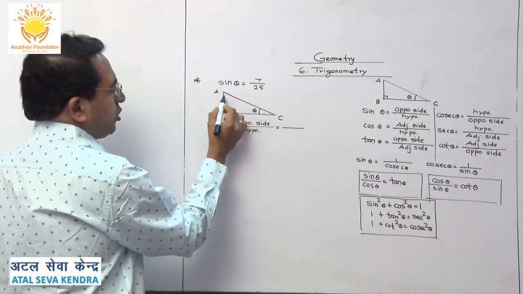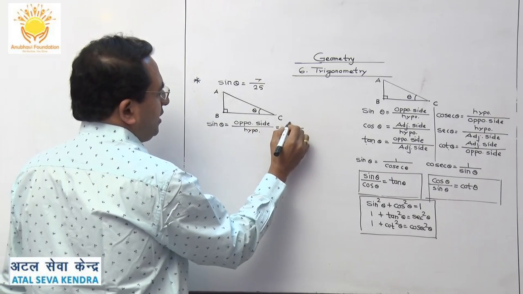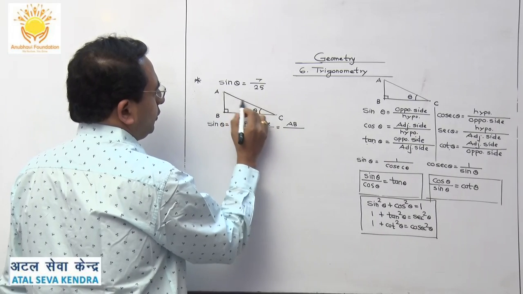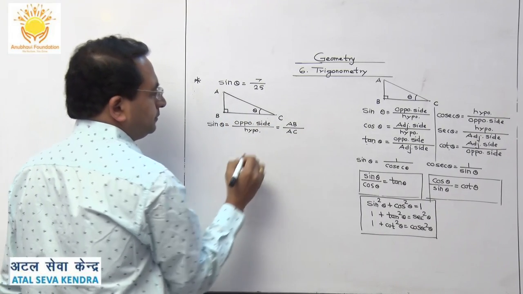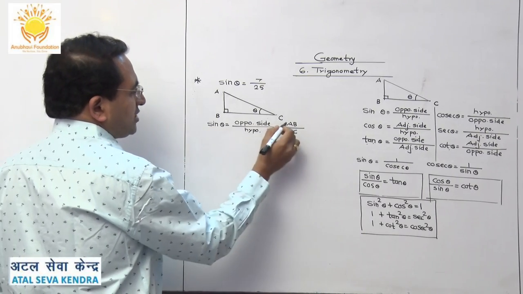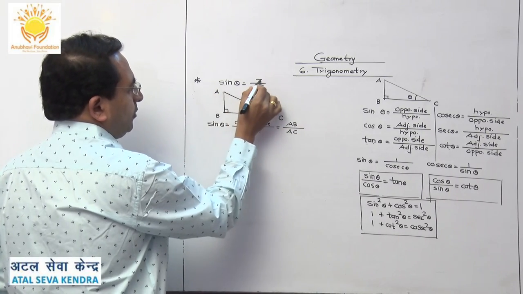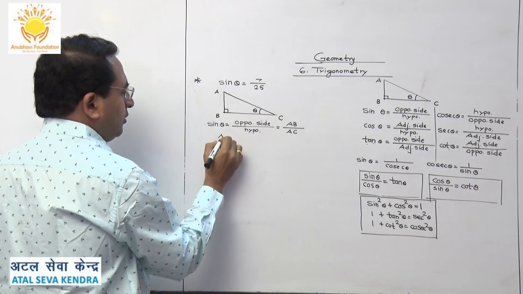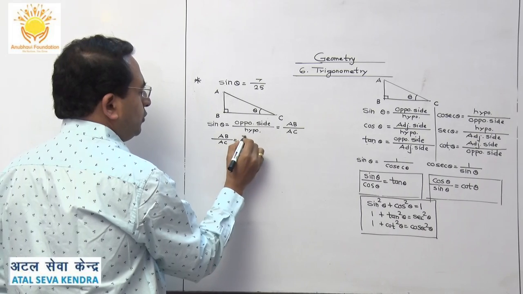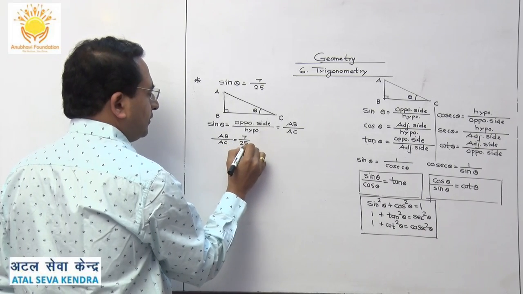Sine theta is opposite side, that is AB, upon hypotenuse, which is nothing but the side opposite to 90 degrees, that is AC. Correct? And therefore, sine theta you have been given as 7 upon 25. So AB upon AC is given to you as 7 upon 25.